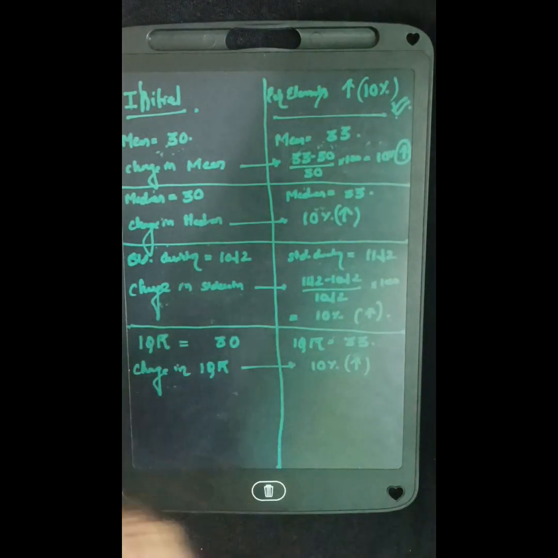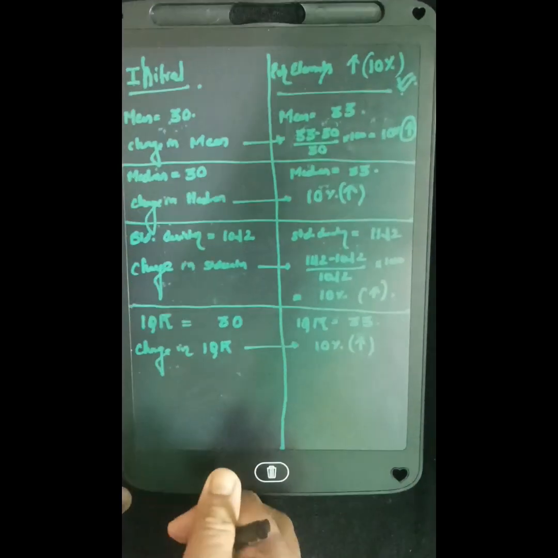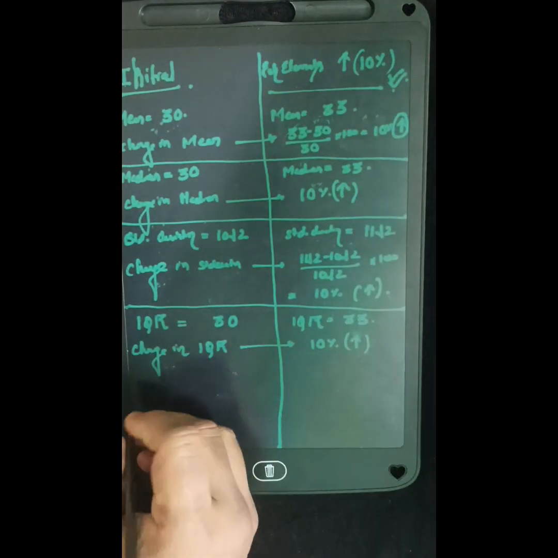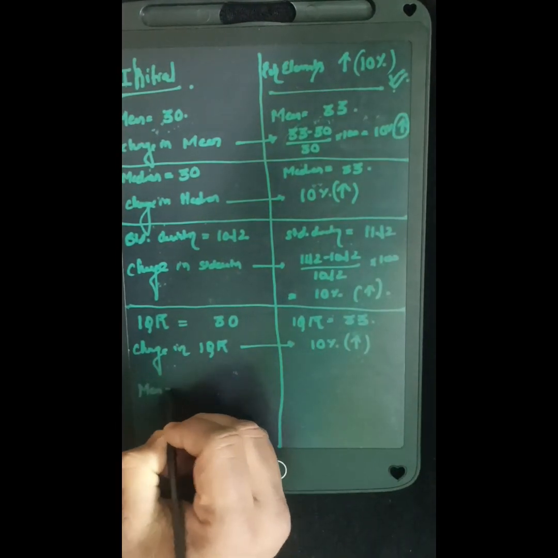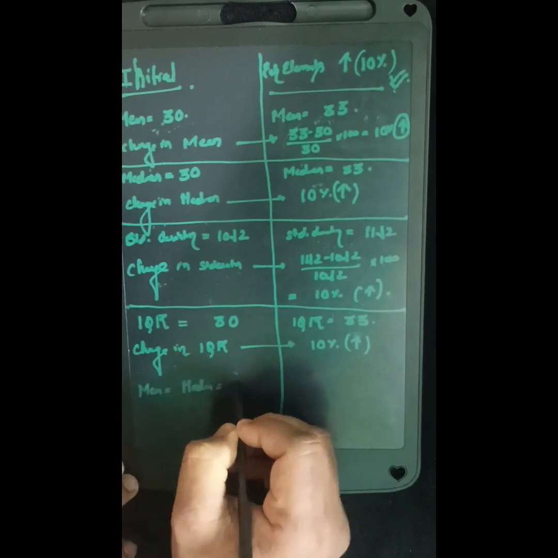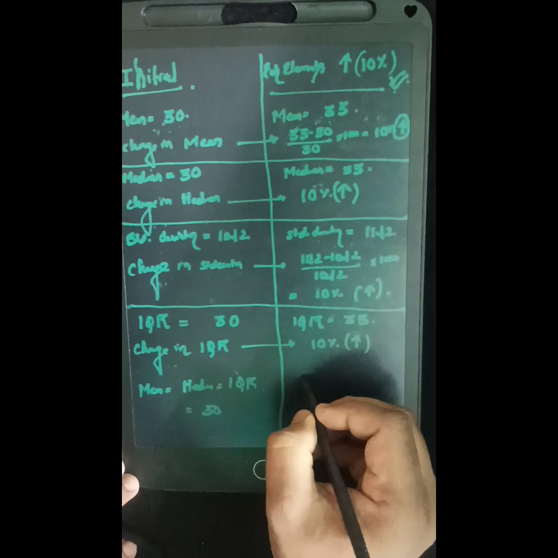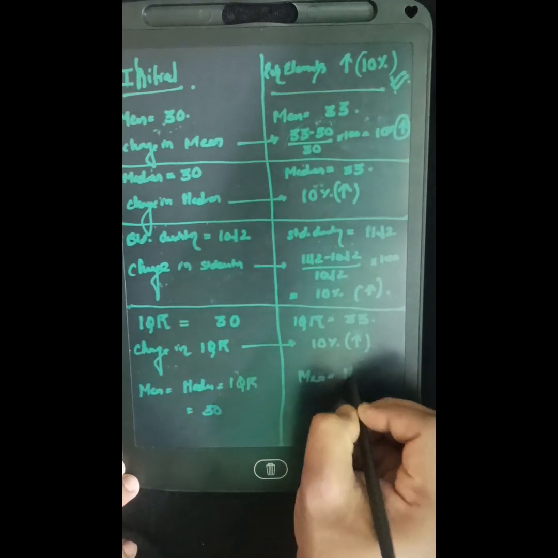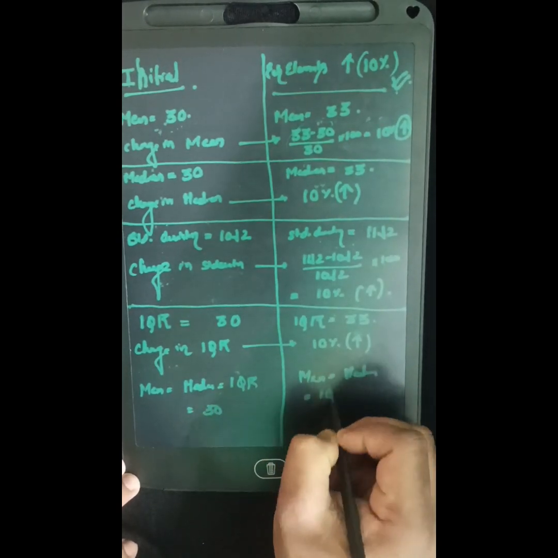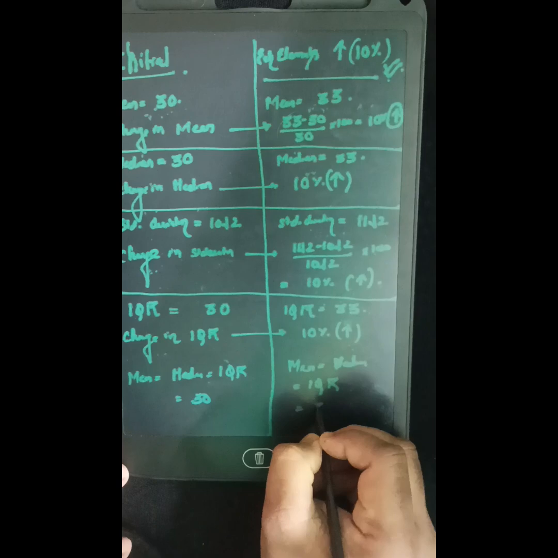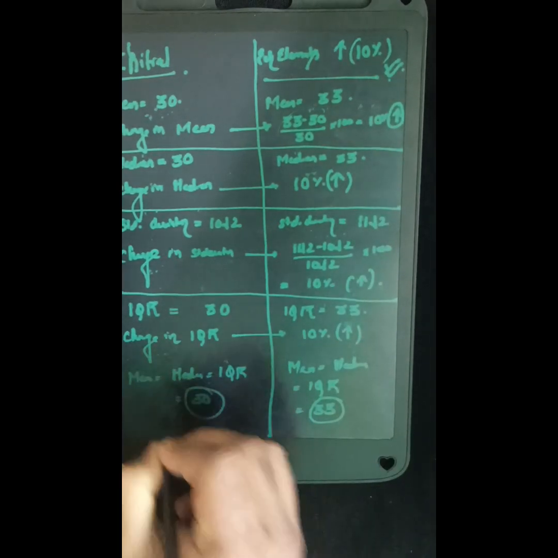Therefore we may conclude here that, and one thing more which we shall concentrate upon, see, mean equals median equals IQR, which equals 30, and here also mean equals median equals IQR, that is interquartile range, which equals 33.